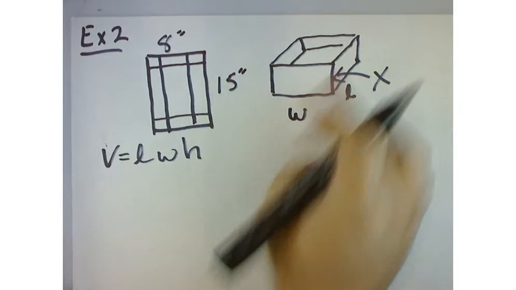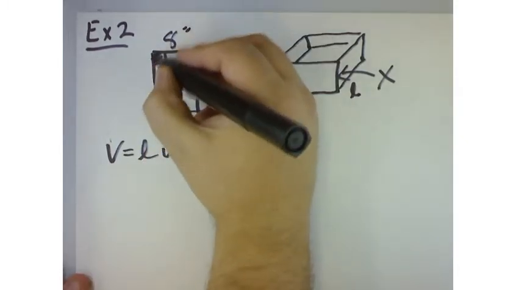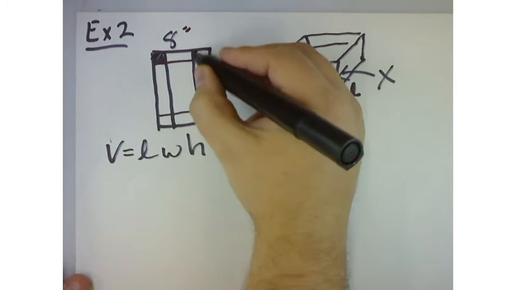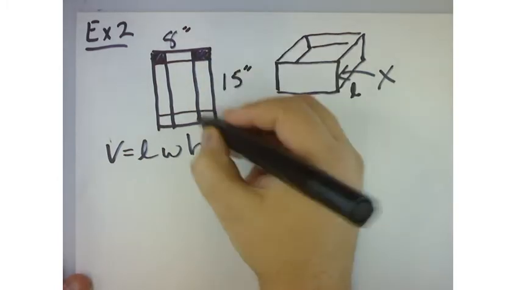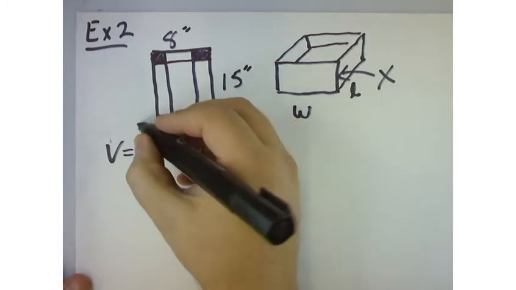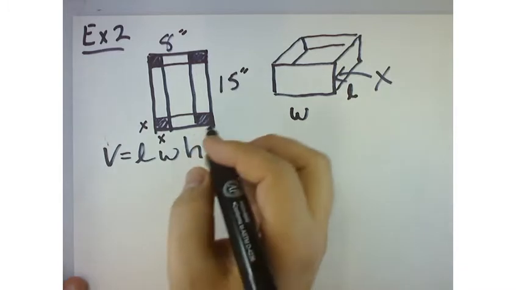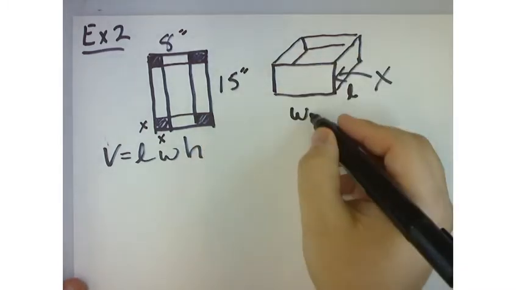If I unfold this box, I'm going to have something like this, right? These little corners are what I'm planning on cutting out. Well, what are the sizes of those little corners? They're x by x. So what is the width of this box?